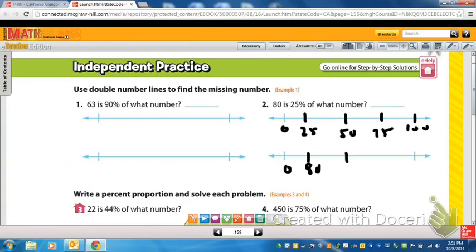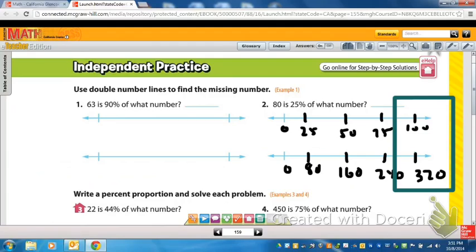So 80 plus 80 is 160. 160 plus 80 is 240. And 240 plus 80 is 320. So 80 is 25% of 320.